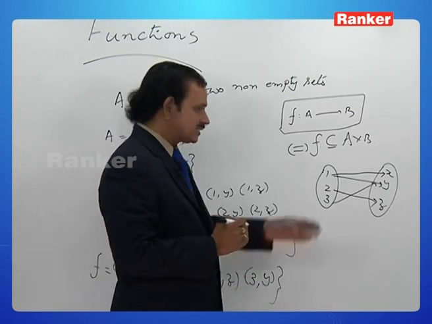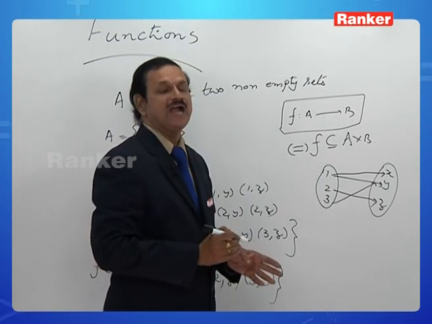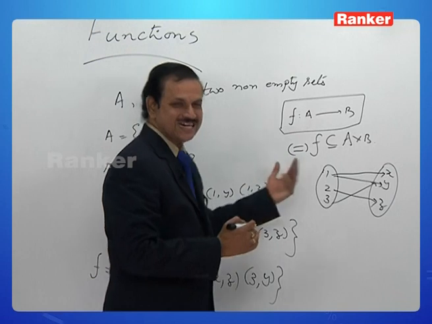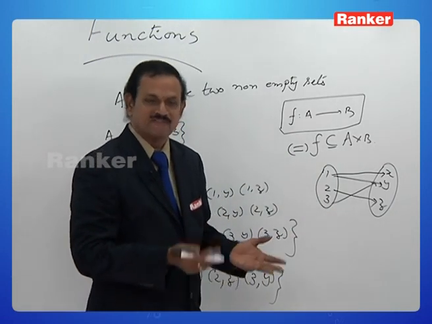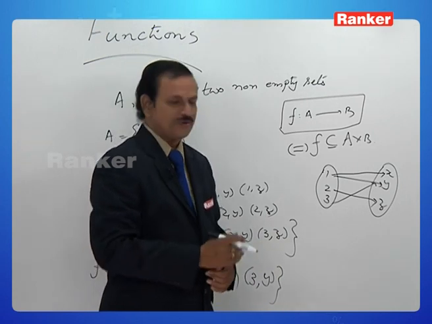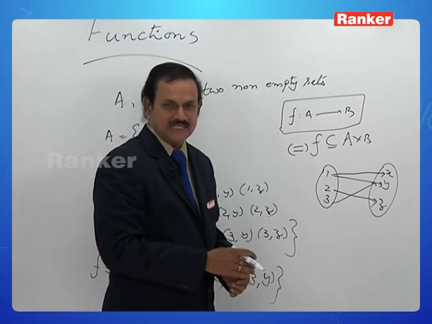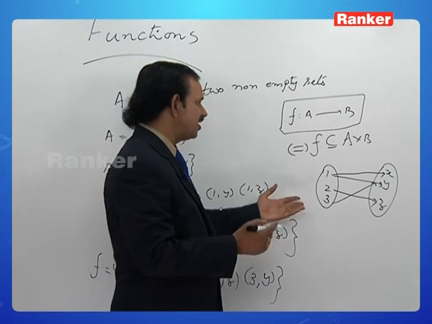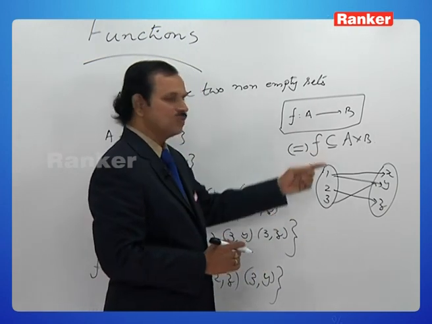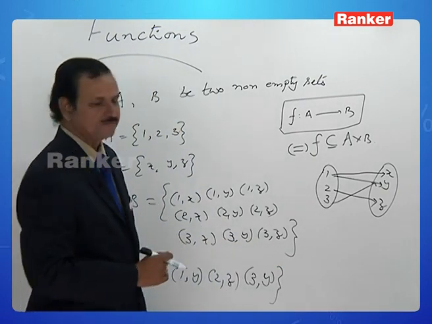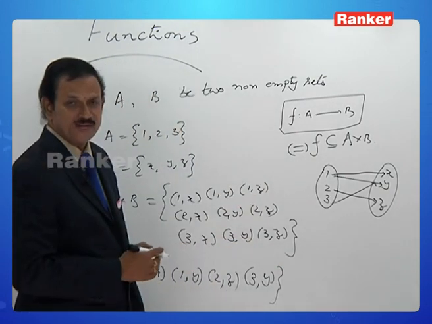By considering such relations and by putting forth certain conditions on such a relation, we are ready to define a function. So to define a function, basically we must have a relation between two sets. So for that we should have two sets, say A and B. Well, this is a relation.